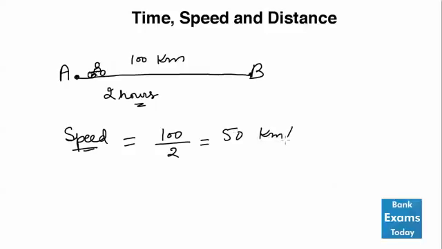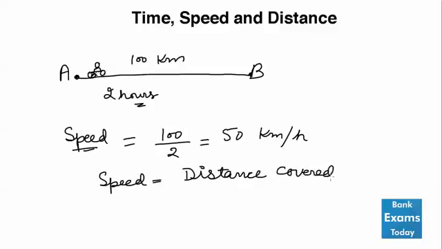So the formula here to find the speed is distance covered divided by time taken during the journey.